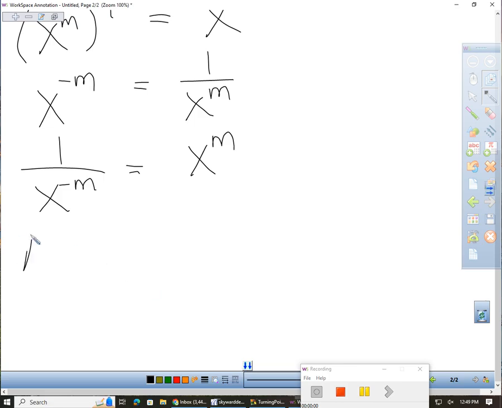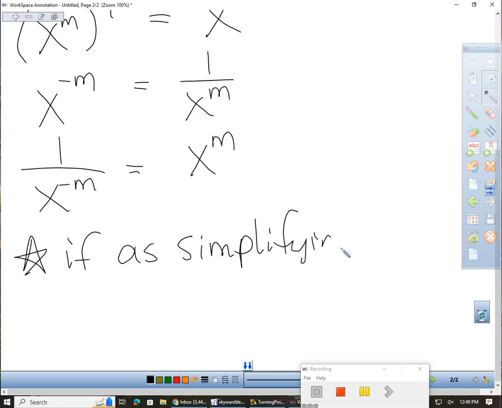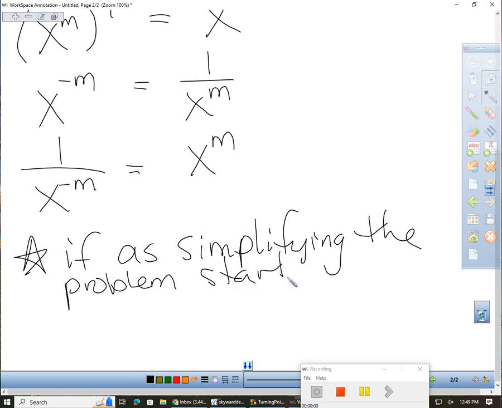So, here's the one rule of thumb. If, as you're simplifying, the problem starts as a radical, then change to a radical at the end.